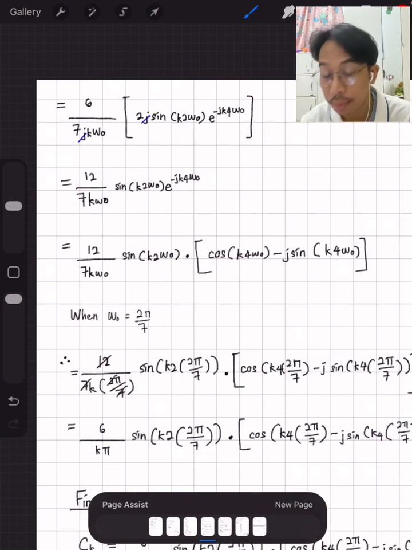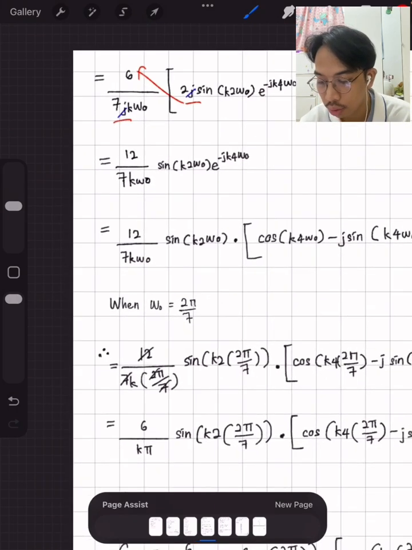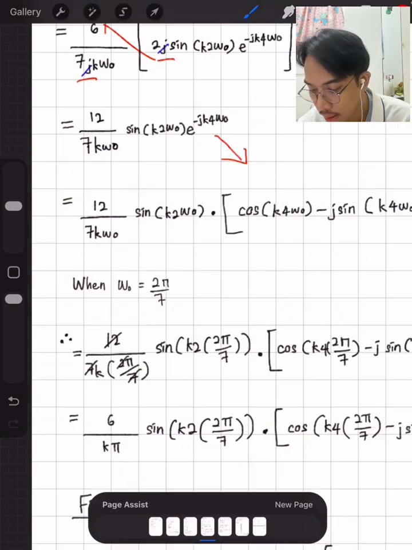Now we can simplify the equation: we can eliminate the j here and j here, and 2 multiplied by 6 gives 12 over 7 k omega naught, sine of k 2 omega naught, exponent negative jk 4 omega naught.